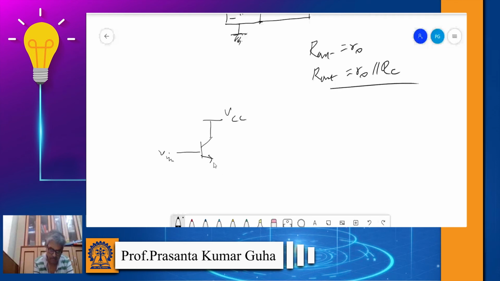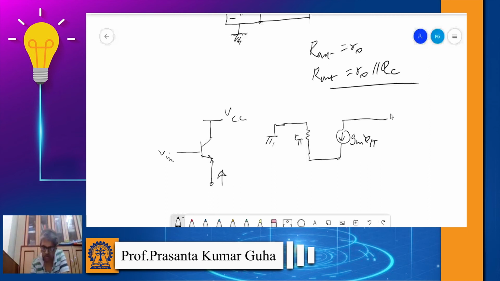What I am interested in is the resistance or impedance if we look from the emitter side. Then again, we need to ground Vin. This is our Gm V pi. We need to ground that because VCC is grounded.